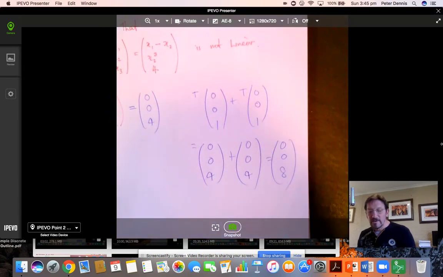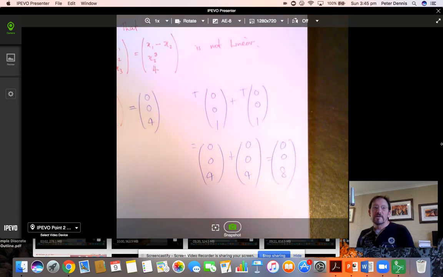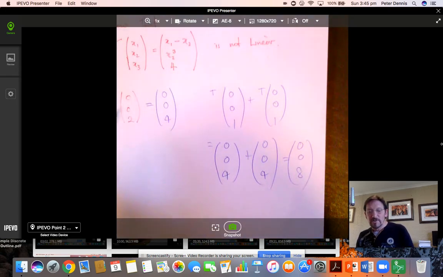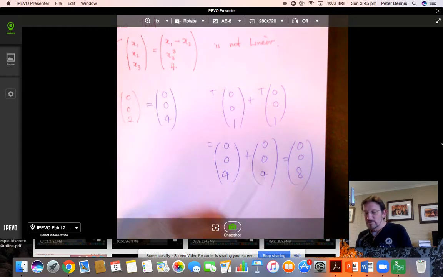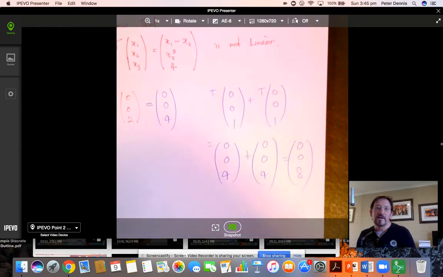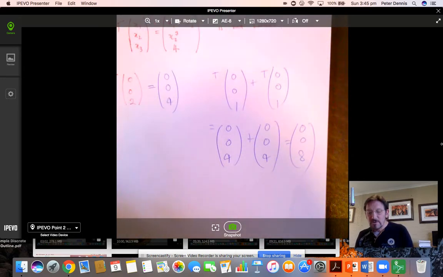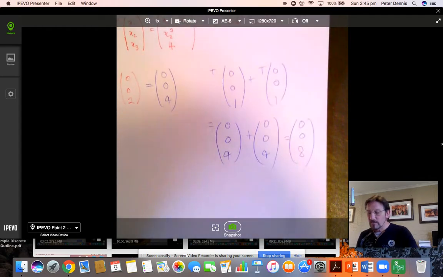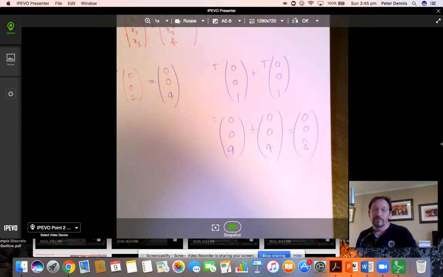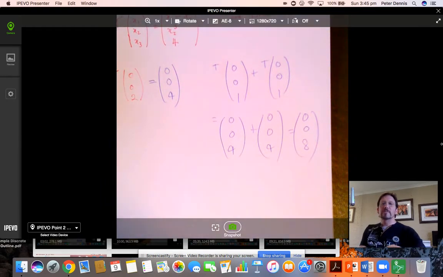And again, that's not a linear transformation, because you want T of this to equal T of that plus that. We could have used any numbers up the top, and we could use any numbers here, but to prove that it's not linear, you just have to find one where it doesn't work. Okay, that's linear transformations. Thanks.